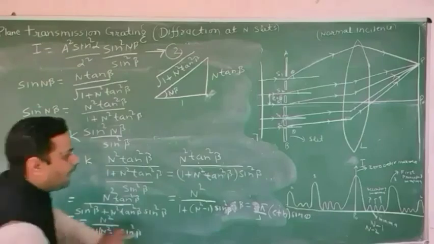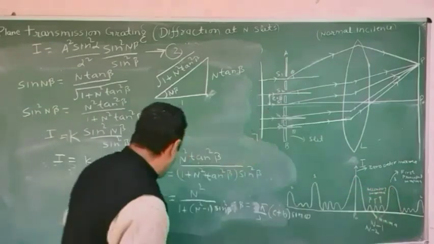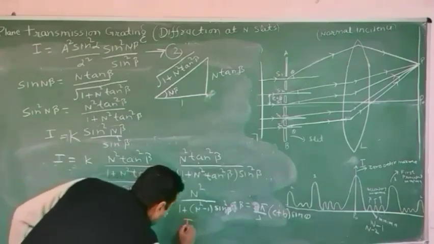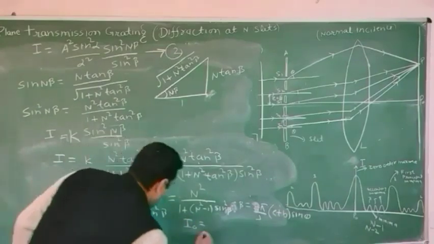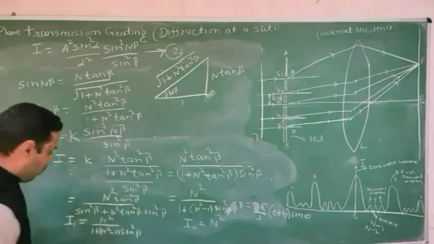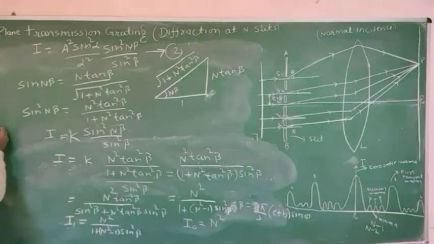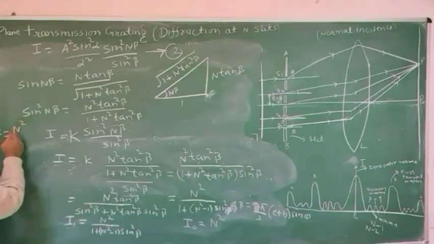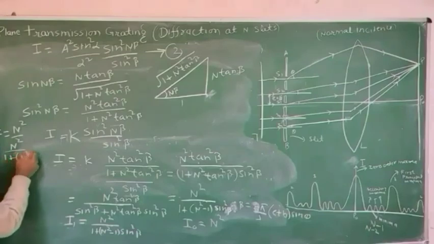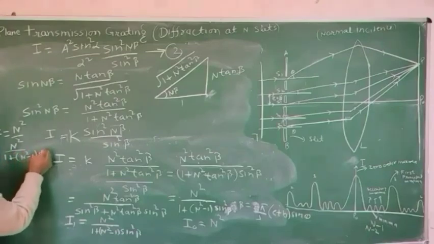If n is 1, that is the first principal maximum. And the intensity of the zero order maxima I0 is basically n square. So I0 by I1 we can calculate as n square upon n square upon 1 plus (n square minus 1) sin square β.